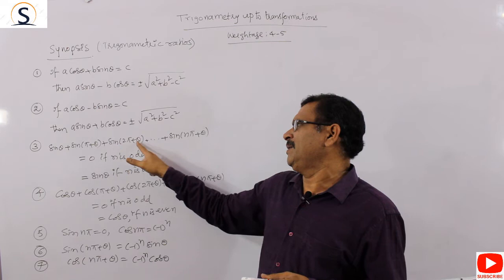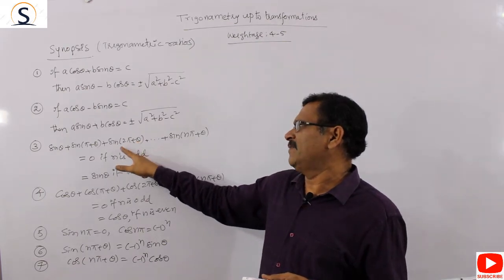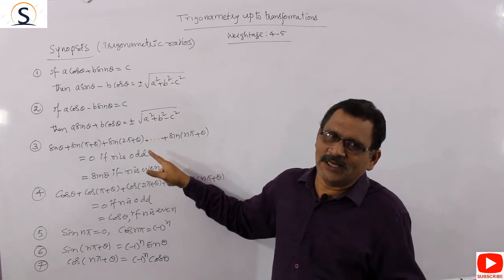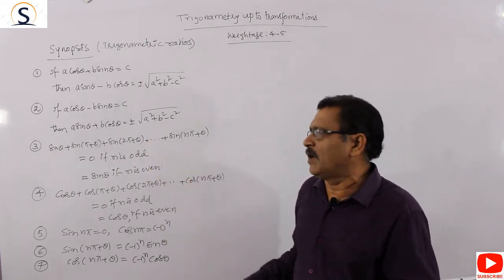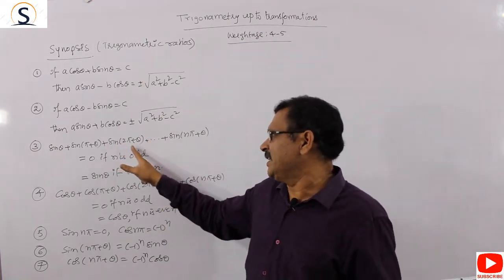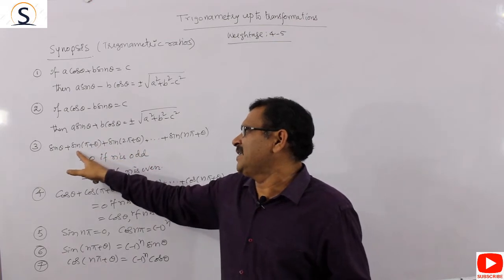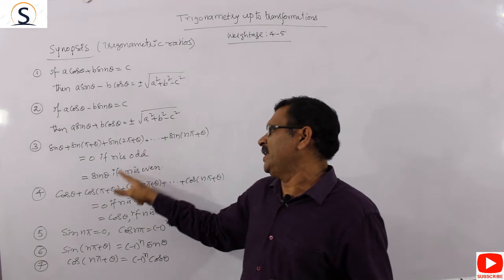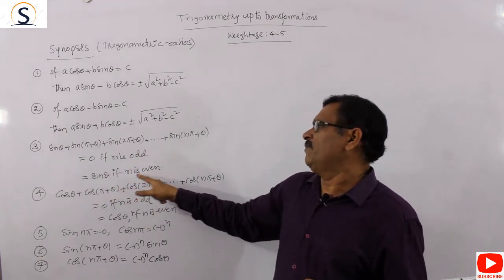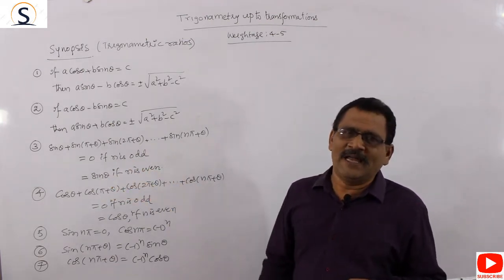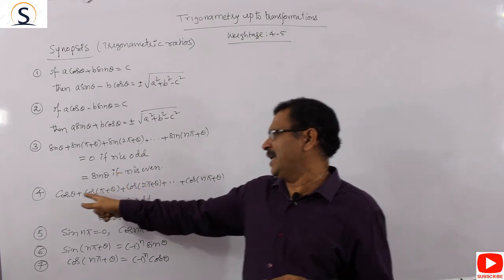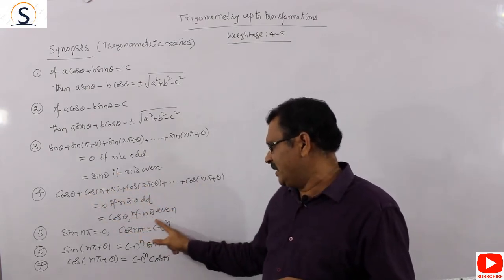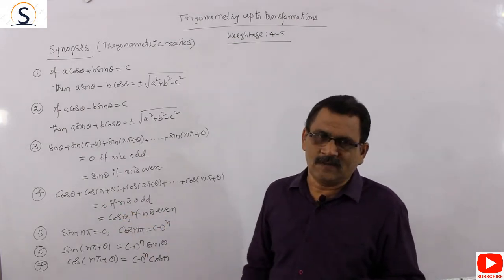Sin of 360 plus theta is again sin theta. 360 plus theta belongs to the first quadrant, therefore this is sin theta. This is minus sin theta and this is plus sin theta. Both are cancelled. You have only sin theta. Therefore, if n is even, this value is sin theta. Similarly, for cos, if n is odd, 0; n is even, it is cos theta.